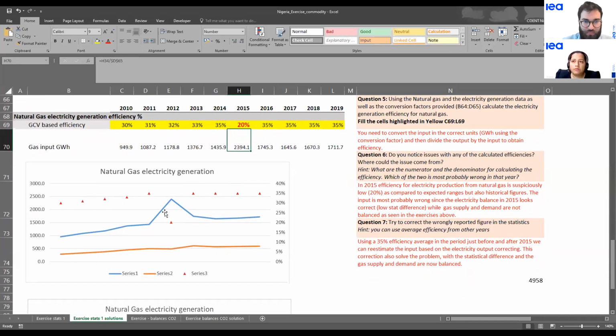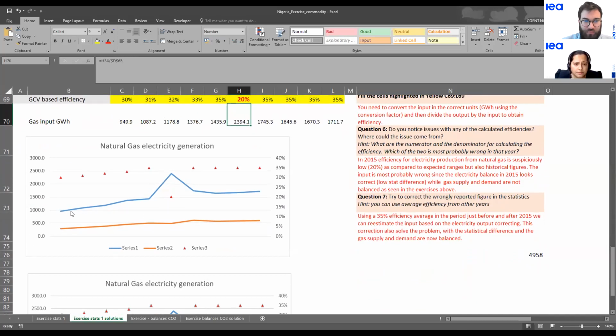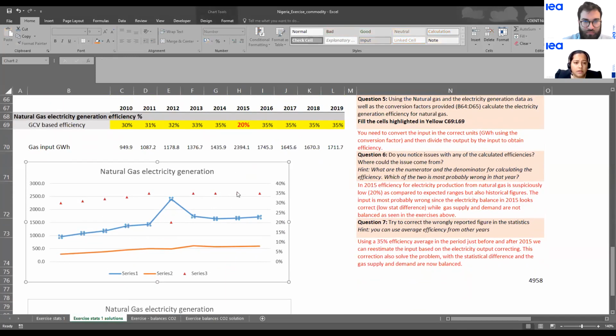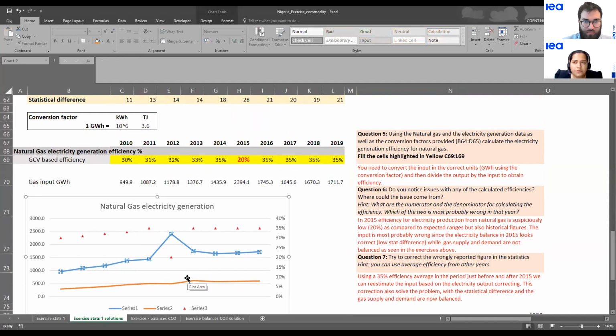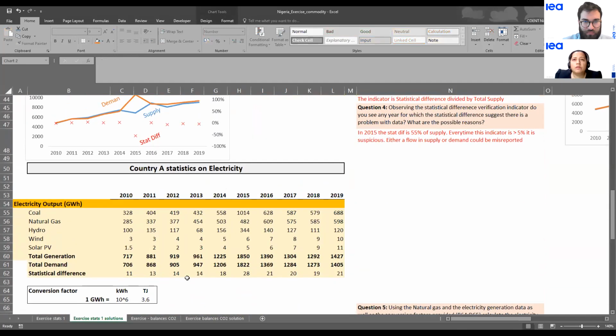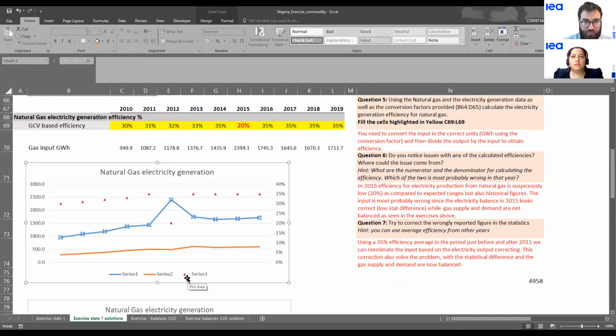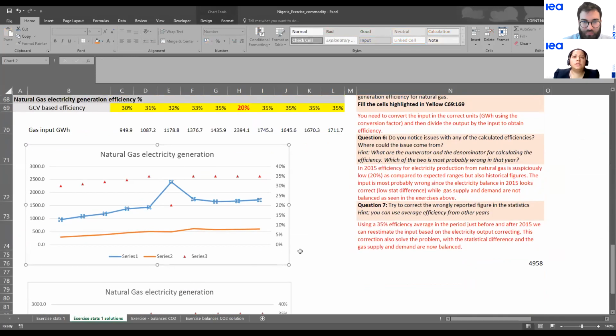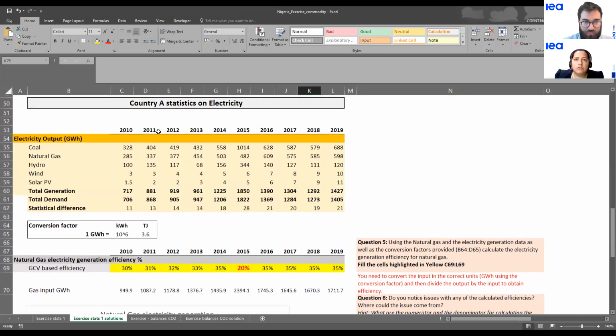And what could be wrong here? Two possibilities. Either the input is wrong or the output is wrong. So let's look again at the numbers. You see that there's a peak here. Wait, let me look at the numbers. If we look at electricity output in row 56, you see that the generation looks okay.